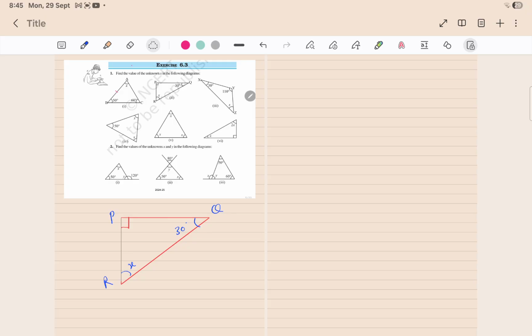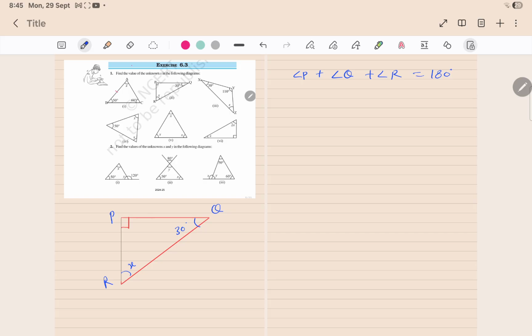So we can write angle P plus angle Q plus angle R equal to 180 degrees.